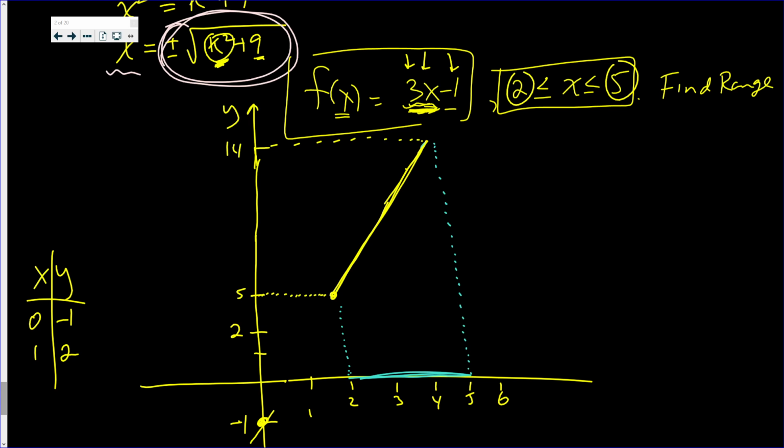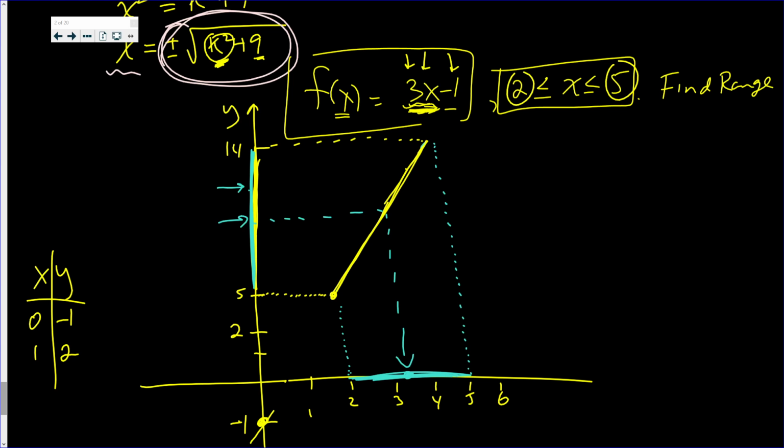So the range is, it only takes on these numbers. This is the range. I can take on that number. How? By using that allowable x value. What do I mean that this x value is allowable? Very simple. It's in between 2 and 5.